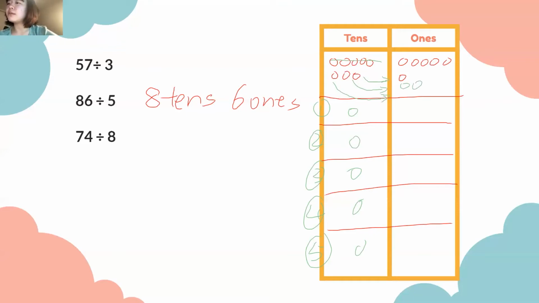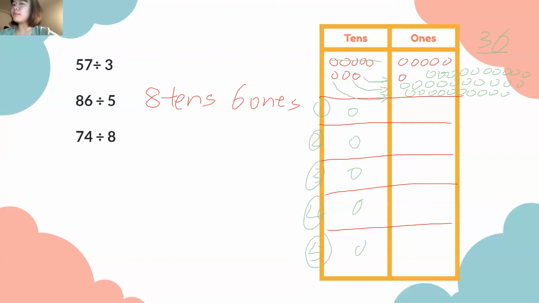1, 2, 3, 4, 5, 6, 7, 8, 9, 10. So what's 30 plus 6? That is 36. So we have 36 ones right now. And what's 36 divided by 5? Use your mental math.